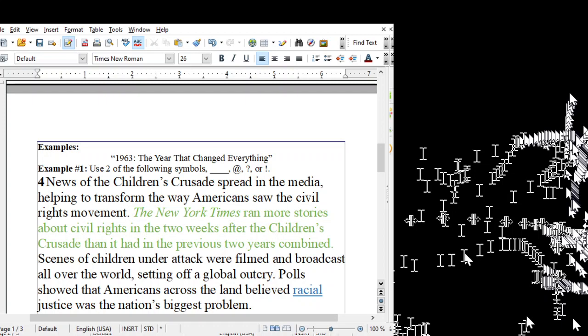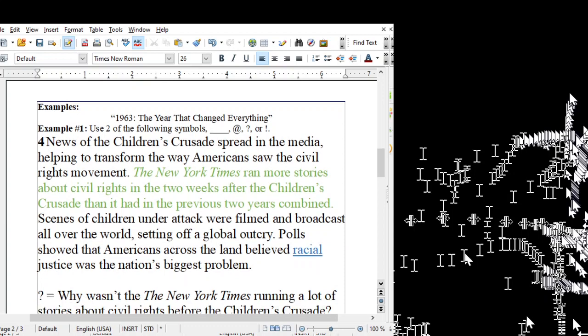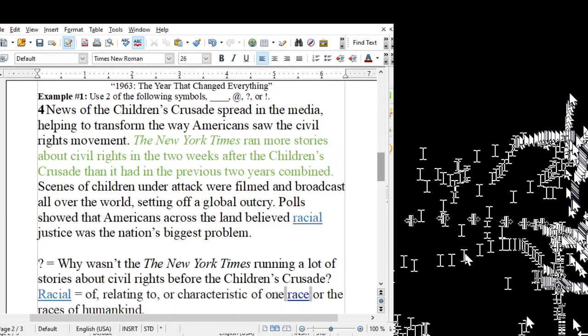So since we're doing this in a Word document, I decided to just highlight. So here are the 2 symbols that I'm using. I decided I was going to use the question mark, and I decided that I wanted to use the underline.